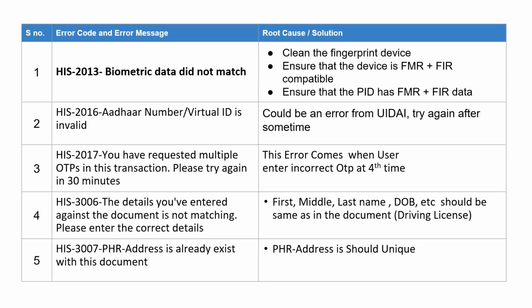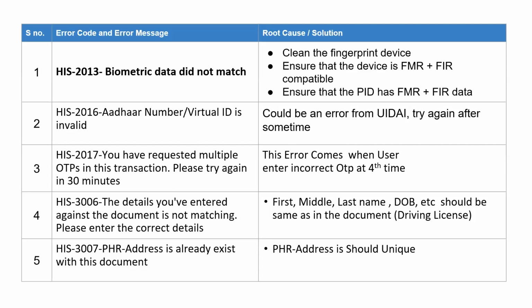Apart from that, HIS 17: you have requested multiple OTP transactions. Basically, if you keep hitting the generate OTP call of Aadhaar again and again, the Aadhaar UIDAI services will block your Aadhaar number for 30 minutes.